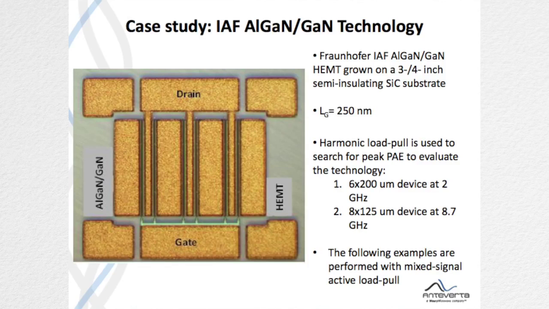The objective here is not really to design a PA, but mainly to characterize the technology and to evaluate through harmonic load pull what the peak PAE is that the technology can give. These experiments have been done both at 2 gigahertz and 8.7 gigahertz. And as I mentioned, all the examples here have been measured with the mixed-signal active load pull system, but you could use any harmonic system that can provide the right reflection coefficient to the device under test.